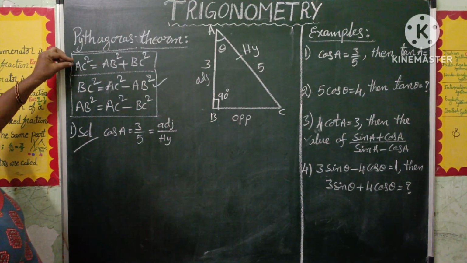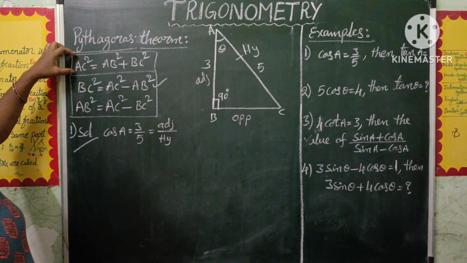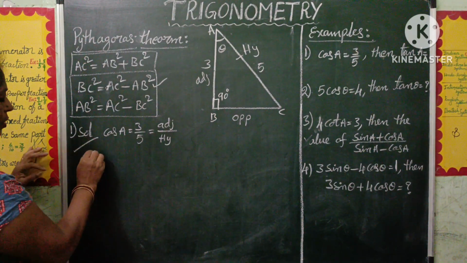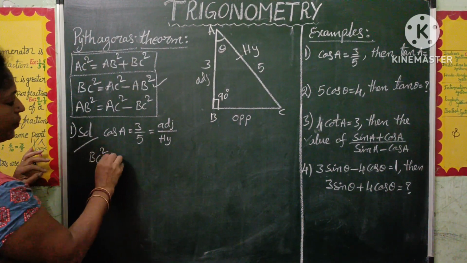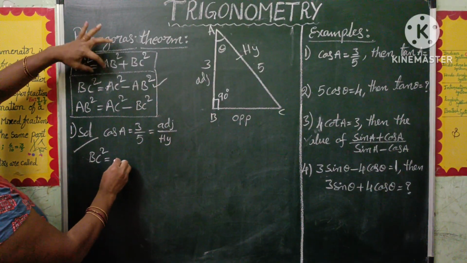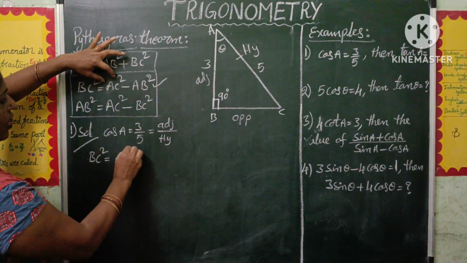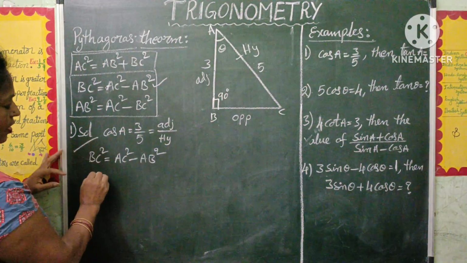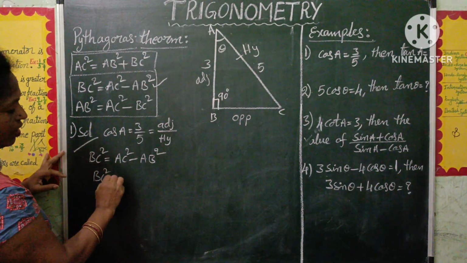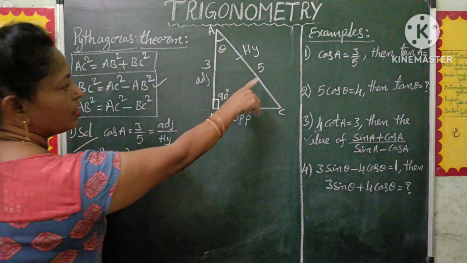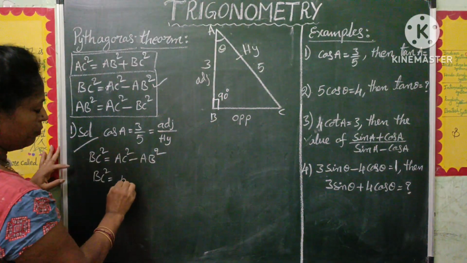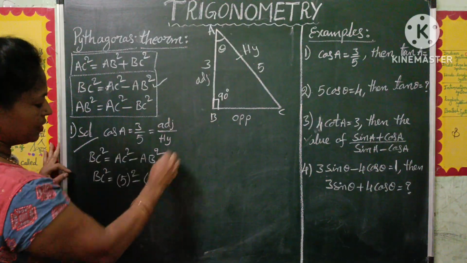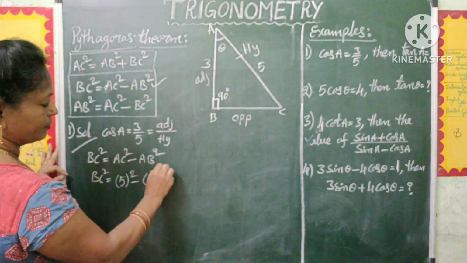We have to obtain it by the Pythagoras theorem: AC square equal to AB square plus BC square. So BC square equal to AC square minus AB square. Then BC square equal to AC square, here AC is 5, means 5 square minus AB is 3, 3 square.